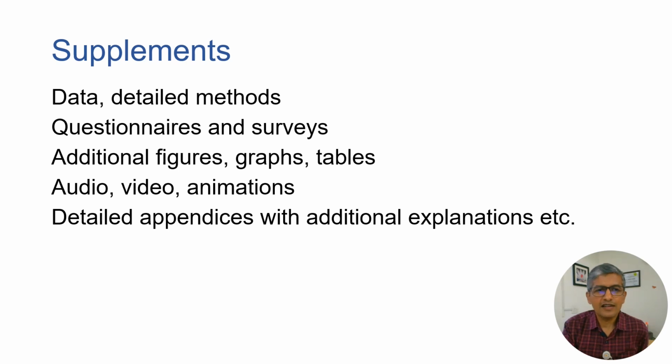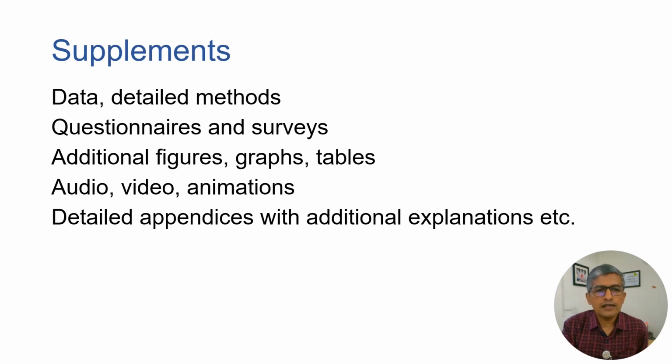And often the journal will ask you to upload additional figures, graphs, tables. They might allow 3 or 4 tables in the main article and tell you to upload all the rest as supplementary files. And if you think they are really important and the reader should have access to them, you can upload them as supplementary files. And some journals will put them up online so that people can look at it, and the original article alone may be printed, or some journals are not even printed nowadays.